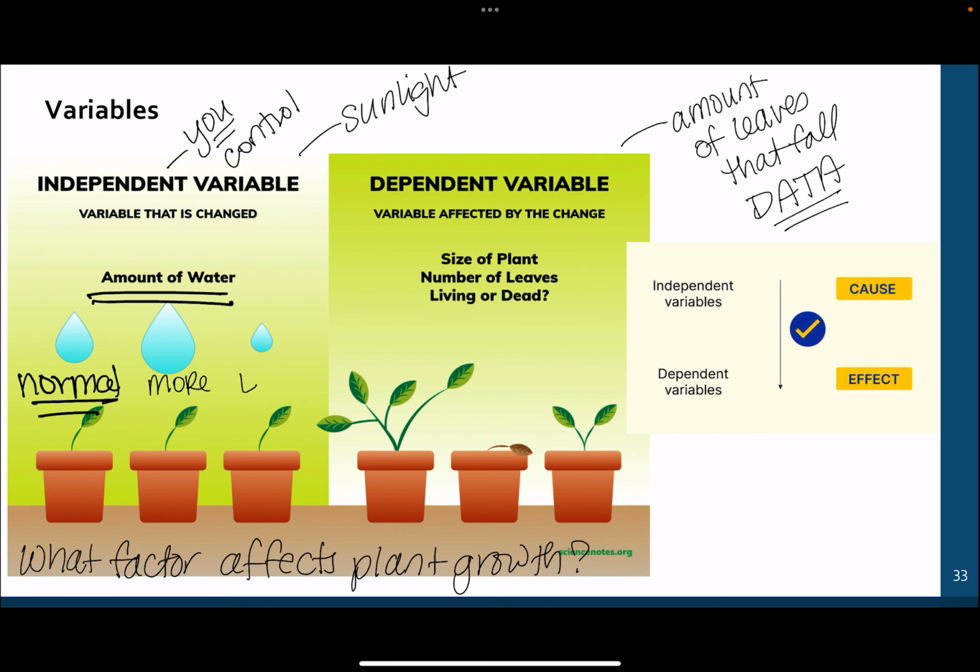What you measure is up to you. You could measure the size of the plant, how big it gets, because you can measure how tall it is. You could measure the number of leaves that it has. You could even make an observation about whether or not it is living or it is dead.